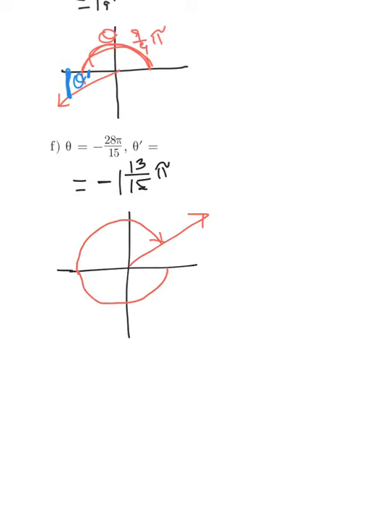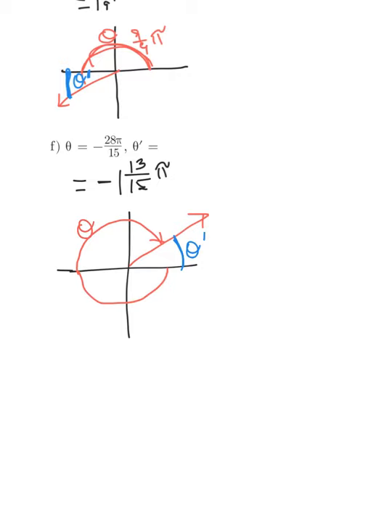So here is our theta. Theta prime is from where we ended to the x-axis in that quadrant. So theta prime is here on this example.